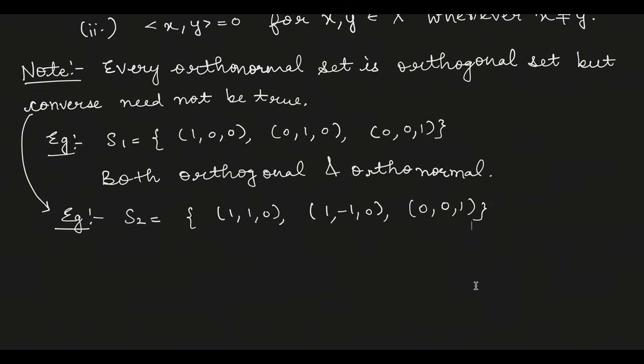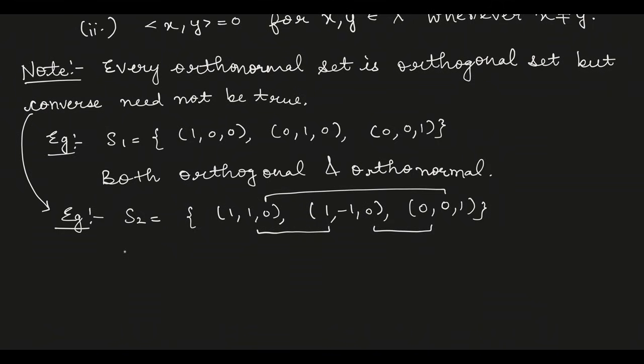So this is orthogonal, right? The inner product of every two vectors is 0. But the norm is not equal to 1, right? The norm is 2 in this case, 2 in this case, and 1 in this case.